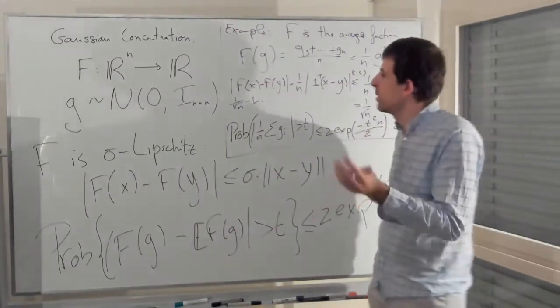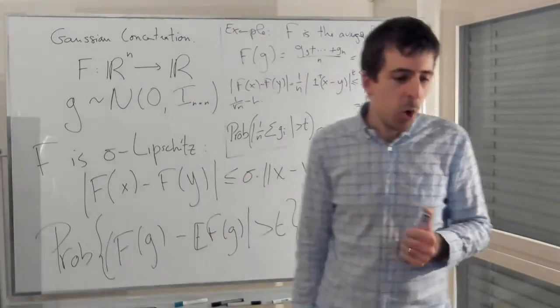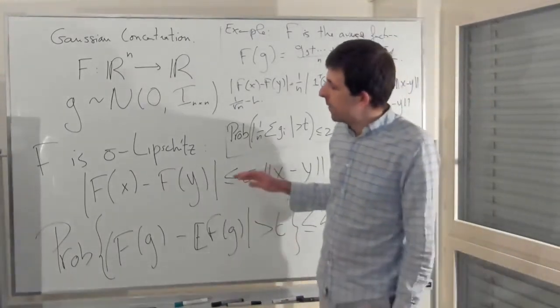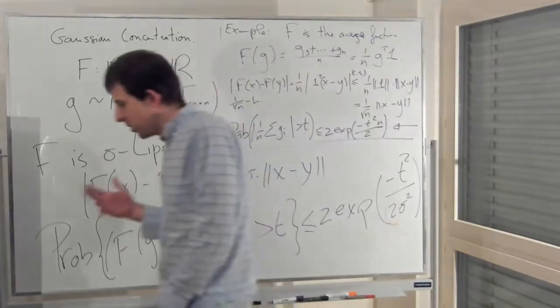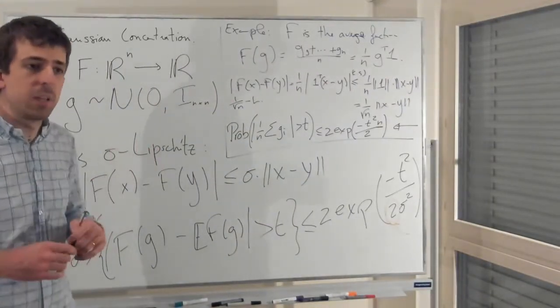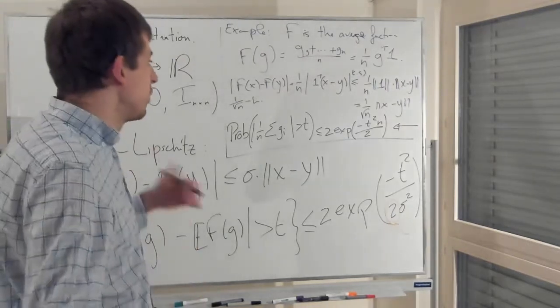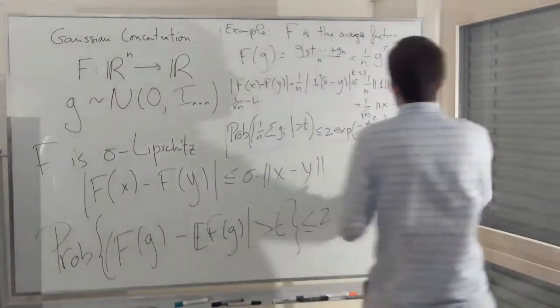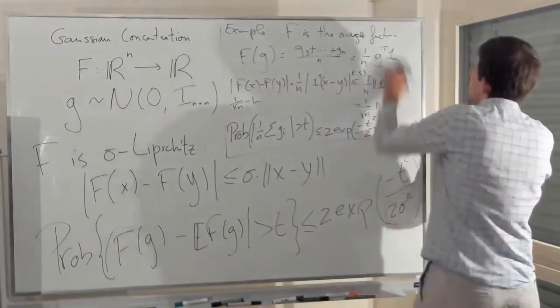For example, Lagrange concentration, and so on. But what we're doing now is I'm going to show you an example using Wigner matrices so that you see the kind of thing that one can obtain directly from control of the expected value of norms and the Gaussian concentration. Okay, so let's move to Wigner matrices.